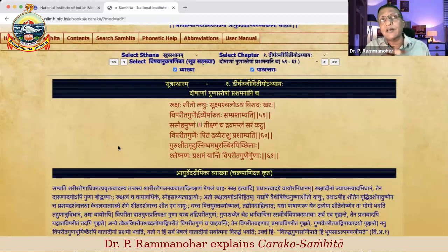Out of the secondary gunas, 8 are called karmanya gunas, which are most important in our general discussions, understanding medicine, how they work, understanding doshic imbalance. So they are called karmuka gunas, shaktimando gunaha. Only those gunas I have discussed now.